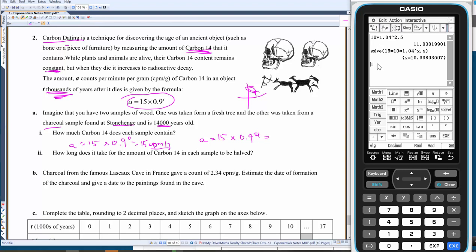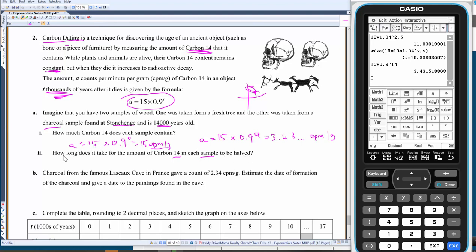Jump on your calculator for this one: 15 multiplied by 0.9 to the 14. It's going to be 3.43 dot dot dot CPM per gram.